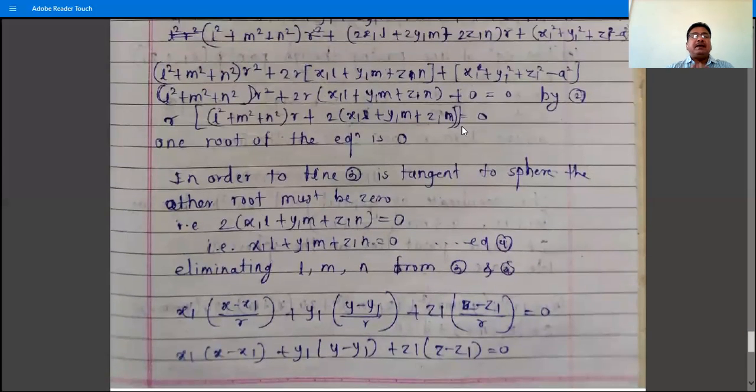If we find the roots of this equation, that is the values of r, then obviously one root of this equation is r = 0.